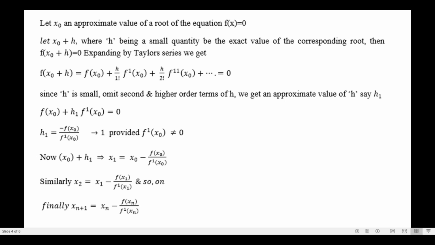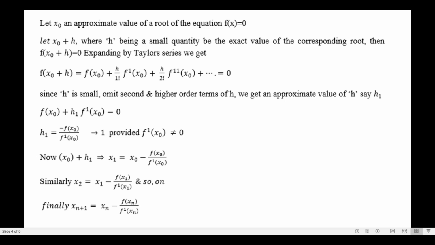Now expanding f of x naught plus h using Taylor's theorem, f of x naught plus h is equal to f of x naught plus h into f dash of x naught plus h square by 2 factorial into f double dash of x naught plus and so on, that is equal to 0.